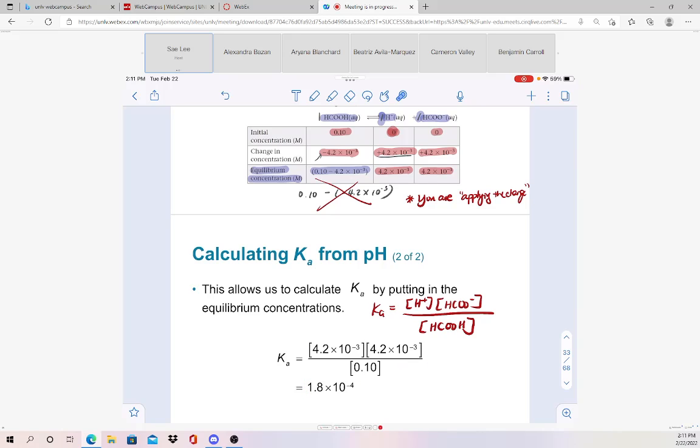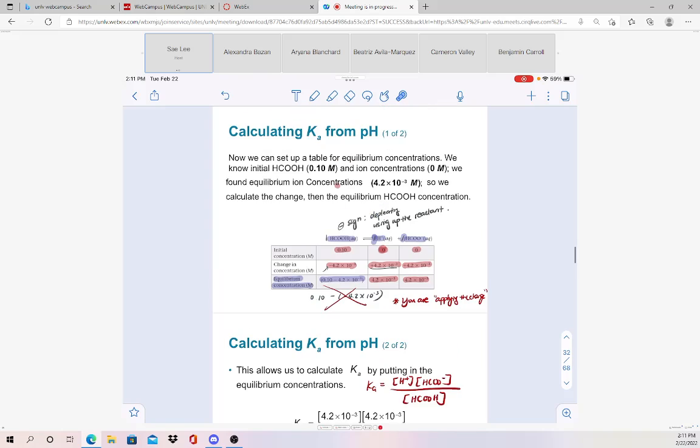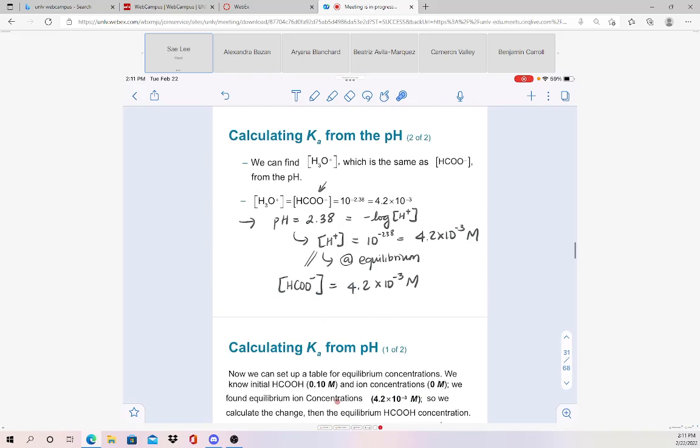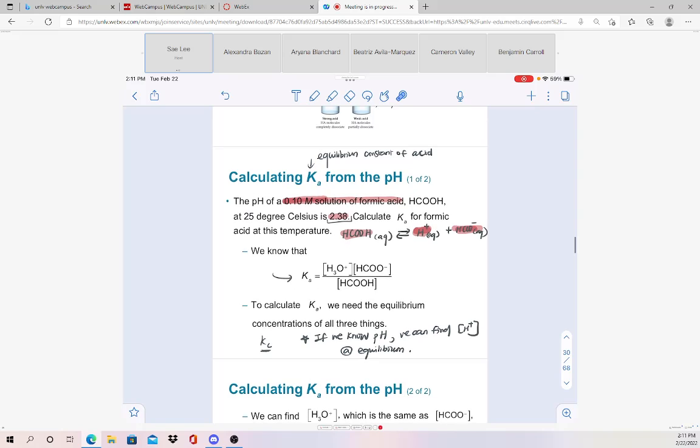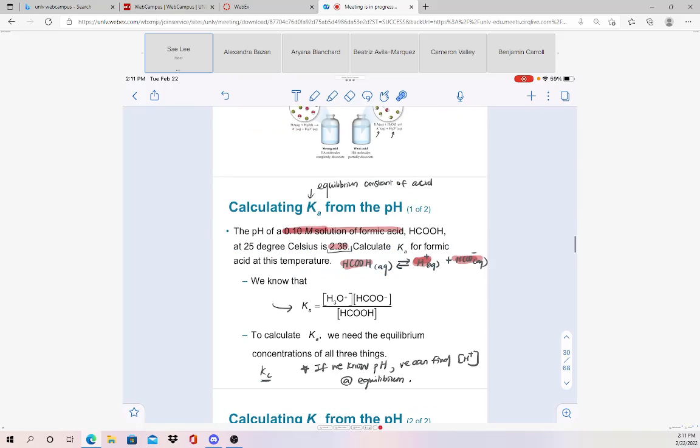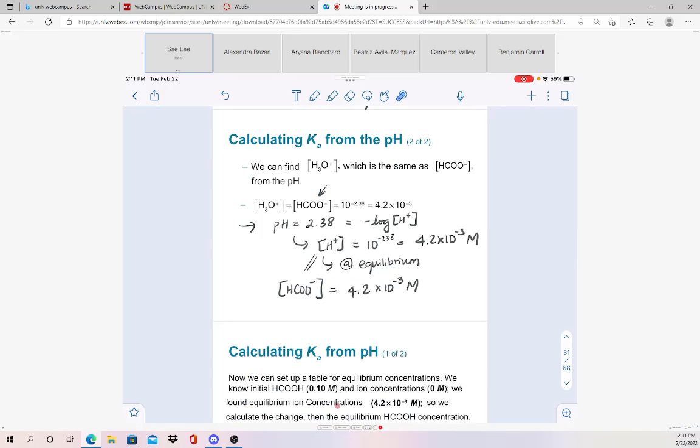The concept of this Ka and the acid base, it's not that difficult. What's going to be tricky and challenging is the math part. So practice how to do the anti-log.